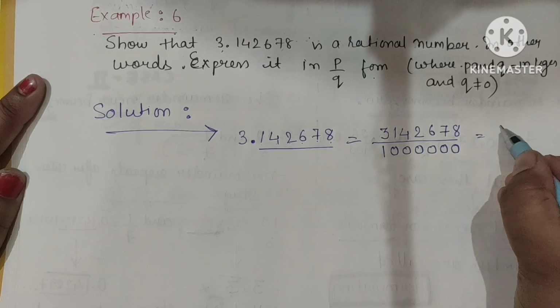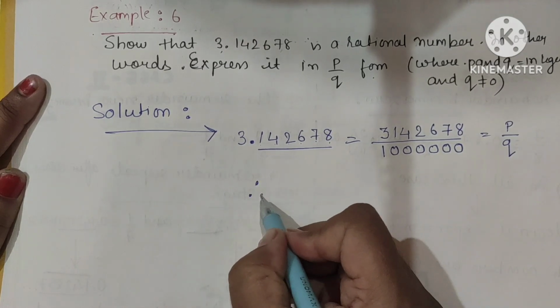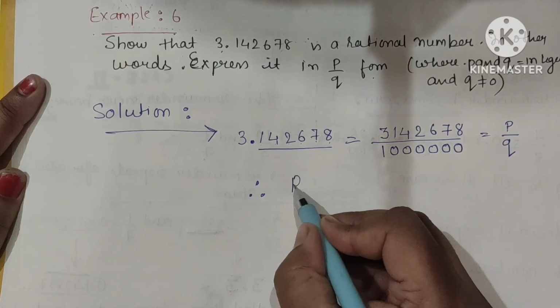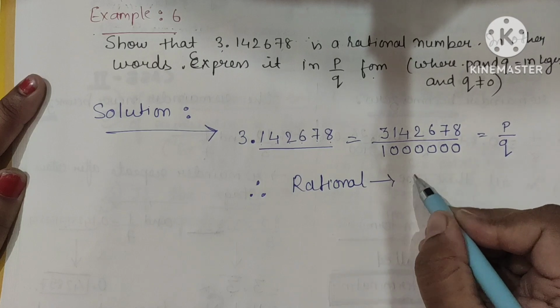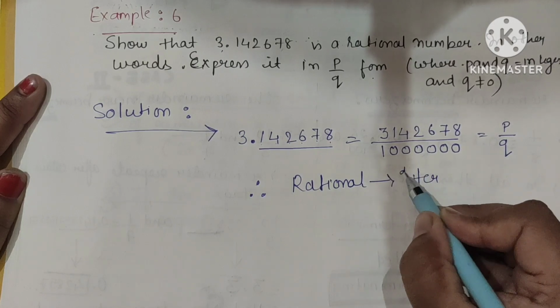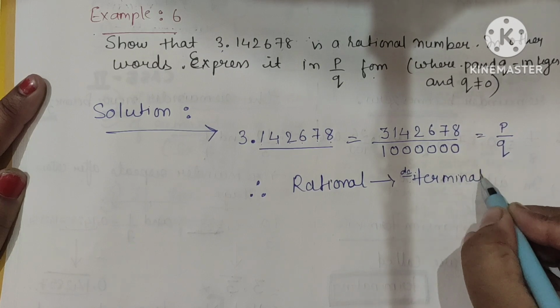So this is in the form of p by q. Therefore, this number is rational. Why? The numbers after the decimal are terminating.